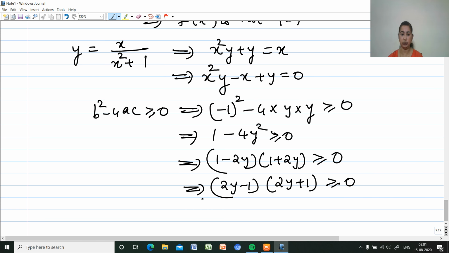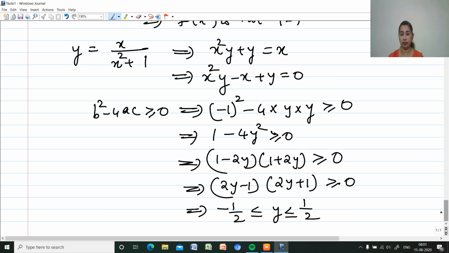From these two we can see that y value is in between minus 1 by 2 and 1 by 2.